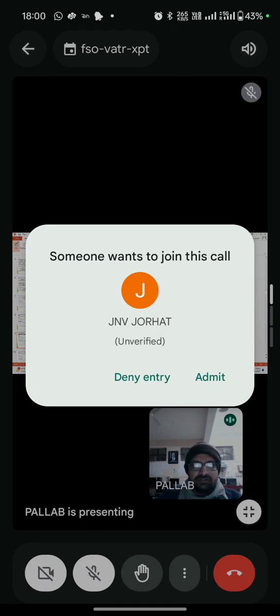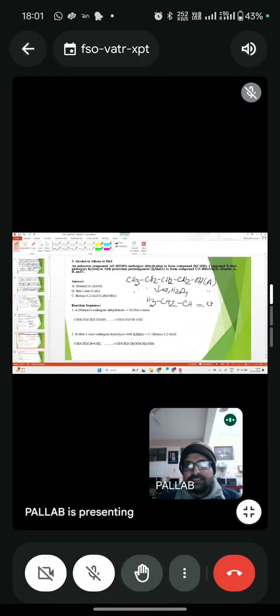Now butanol, when reacted with any dehydrating agent, for example heat and H2SO4, undergoes dehydration, so it will form an alkene, that is CH3CH2CH=CH2.